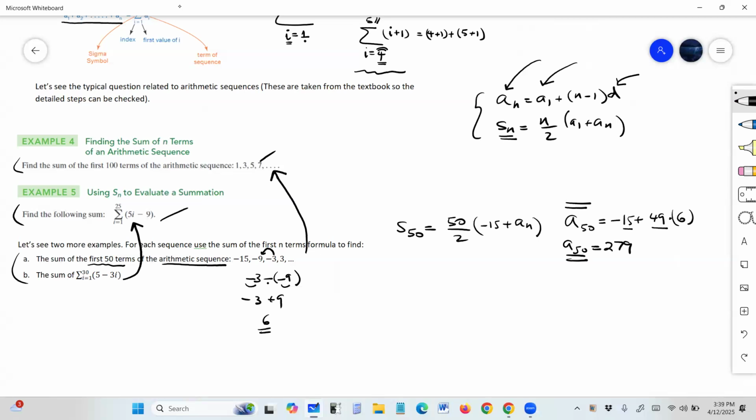Once I have the last term, I go back to the sum formula, 50 over 2, negative 15 plus 279, and I go to the calculator again for that.